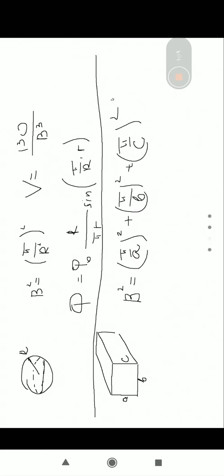It's really simple to calculate for a cubic nuclear core. In this case, A, B, and C all have the same value.